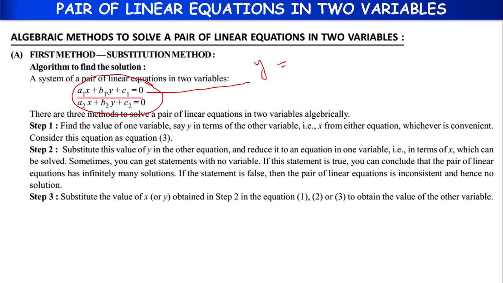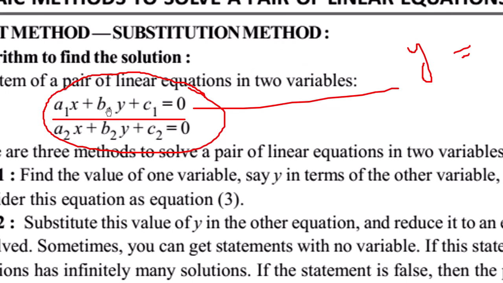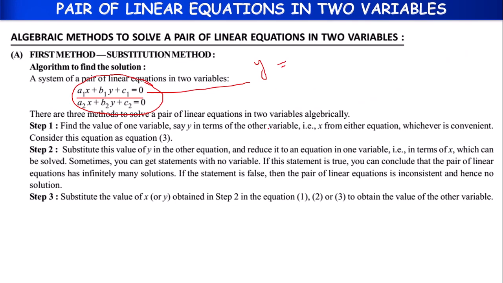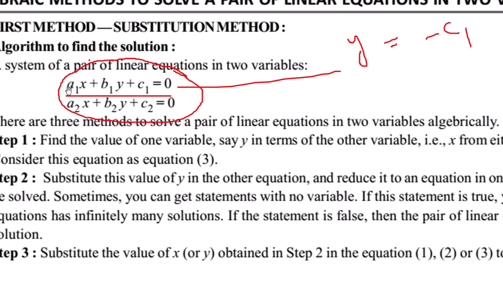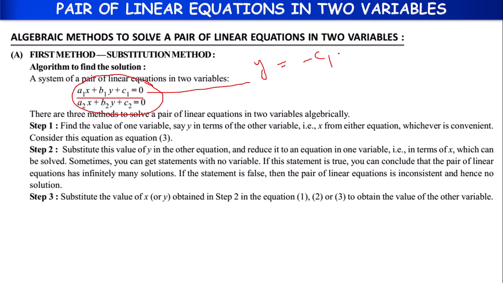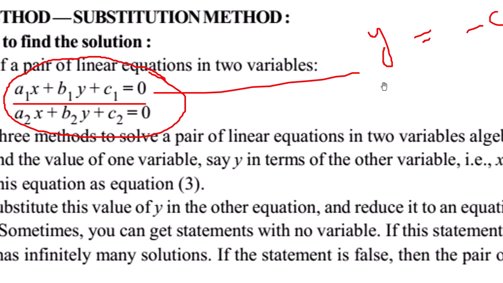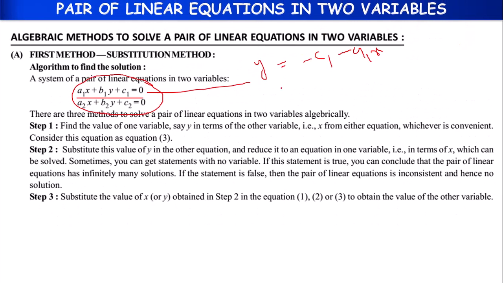If you want to isolate y, from here we can take plus c1 that side. It will become minus c1. Next, we can take a1x that side. It will become minus a1x. Next, we will take b1 that side. It will become divided by b1.